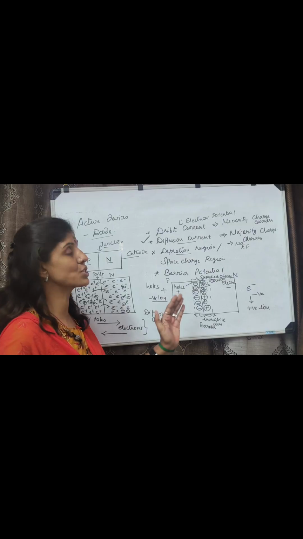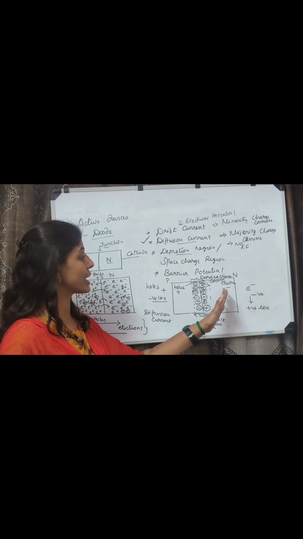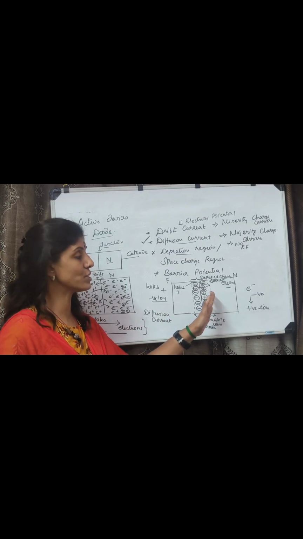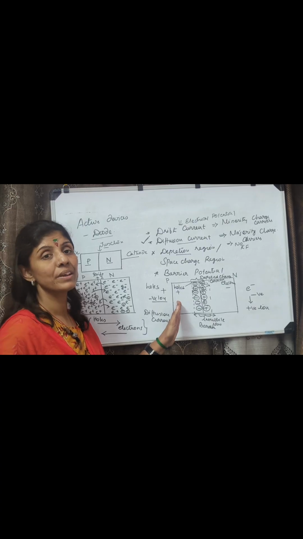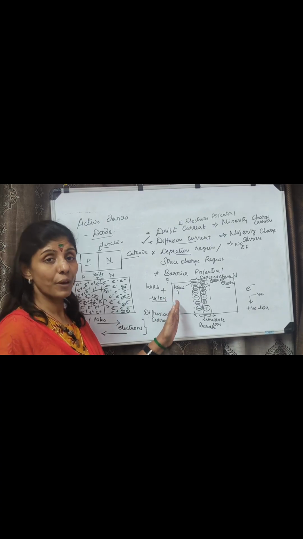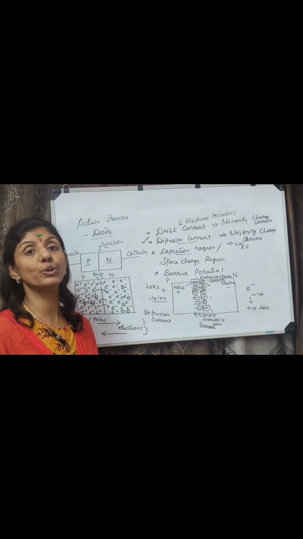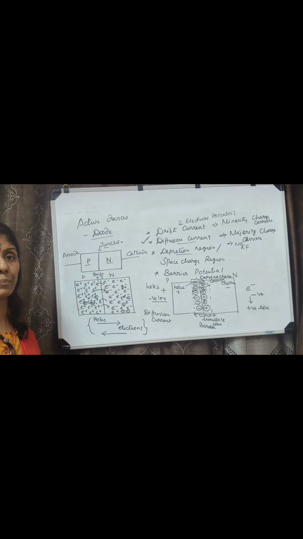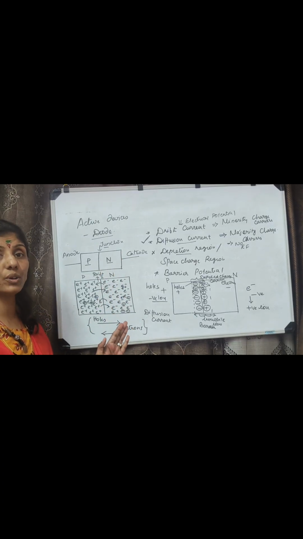Minority charge carriers are moving from the N region towards the P region and from the P region to the N region. Due to that, drift current is produced. All this happens in the diode while we are not making any connection to this particular diode.